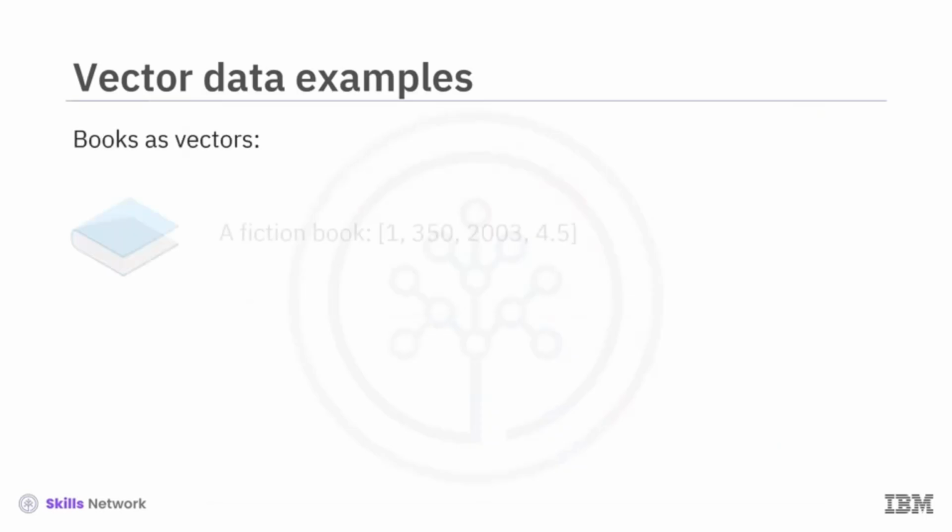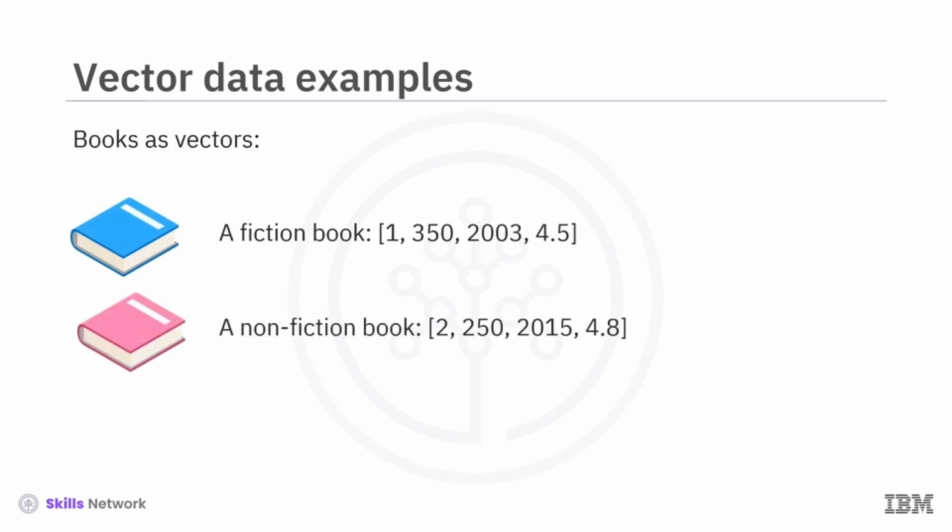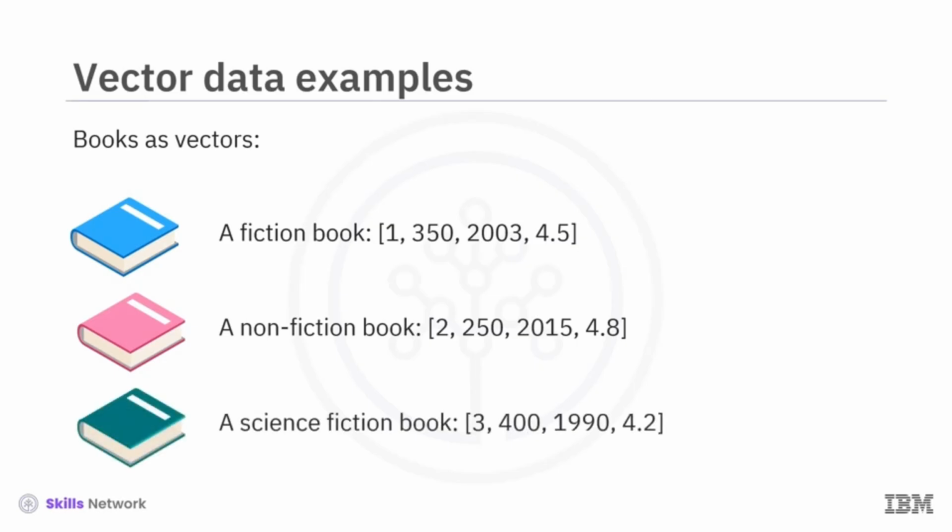For example, a fiction book uses vector numbers of 1, 350, 2003, and 4.5. A nonfiction book uses vector numbers such as 2, 250, 2015, and 4.8. And a science fiction book uses vector numbers of 3, 400, 1990, and 4.2.